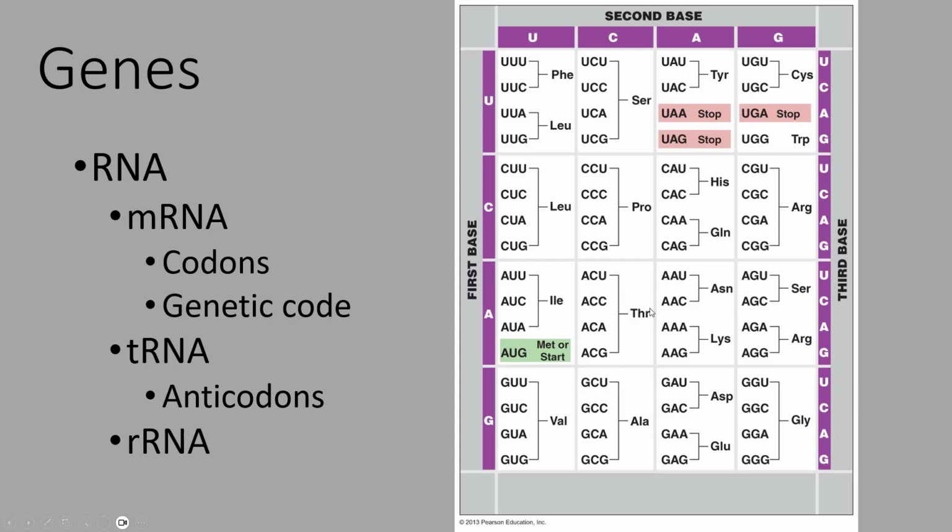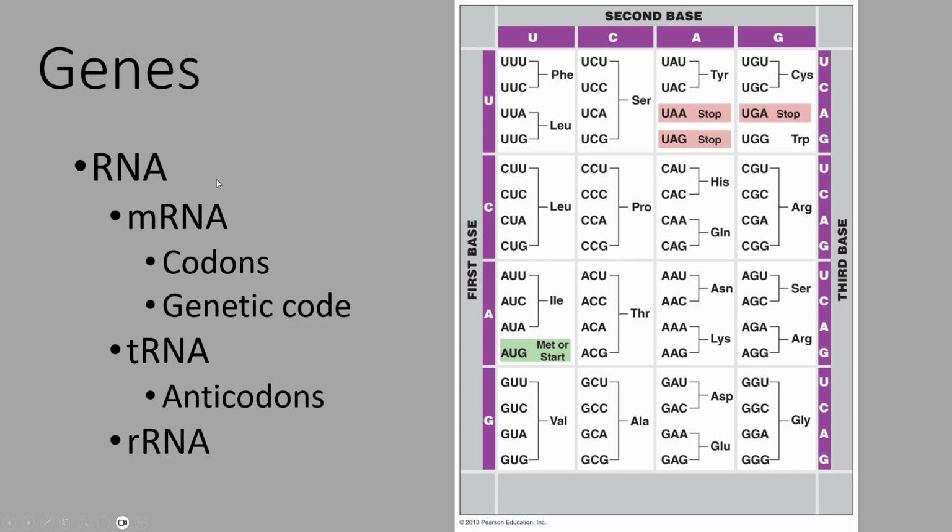Why are we talking about amino acids? Well, what were amino acids? Amino acids were the building blocks of proteins. They were the monomers that proteins were made from. If we stick a bunch of amino acids together, eventually we're going to get a protein. So that's how the genetic code works. DNA codes for messenger RNA. We look up 3 letters of messenger RNA, codons, on this chart to see which amino acid, and then what's the next amino acid, and then what's the next amino acid, and what's the next amino acid.